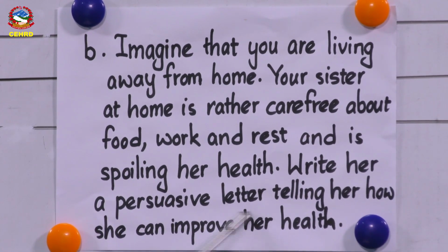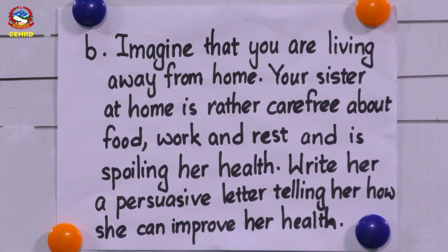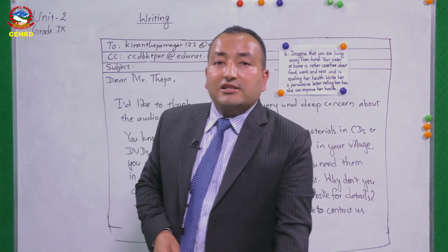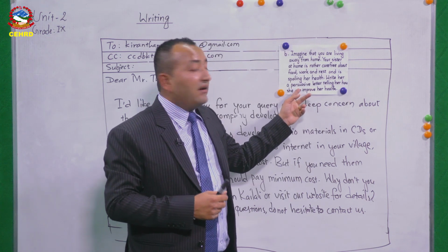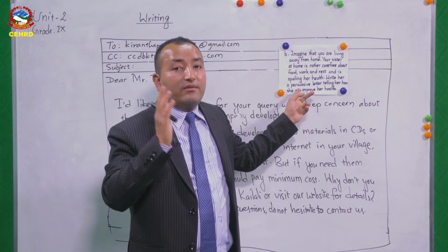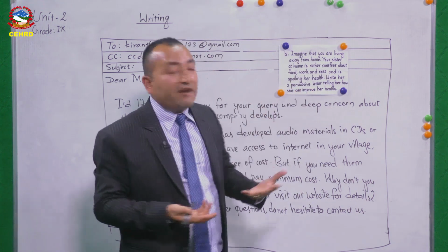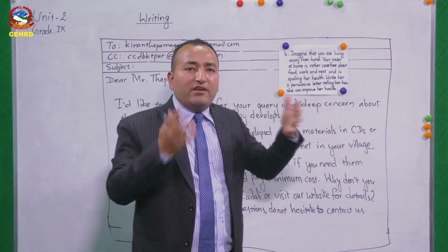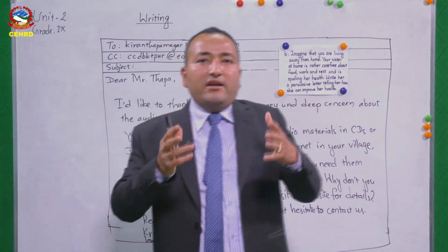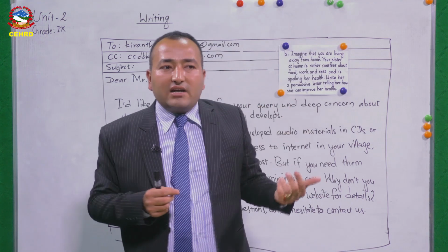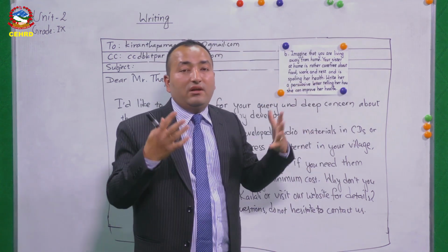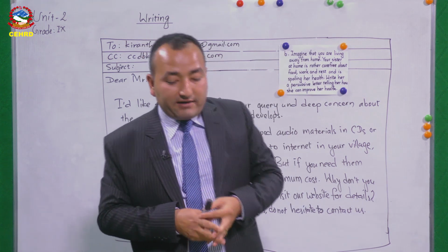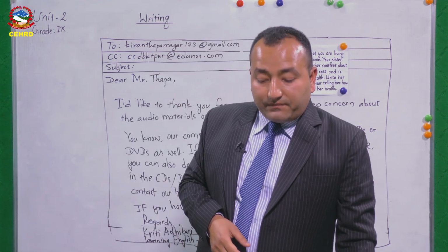Write her a persuasive letter telling her how she can improve her health. This time, you are not writing an email. This time, you are writing a letter like Nima does, and then don't forget to give suggestions or advice. Write in persuasive form, means to your sister, you just say, eat this, don't do that. So give suggestions about health. You need to be fit and healthy, right? So this is how we should do.